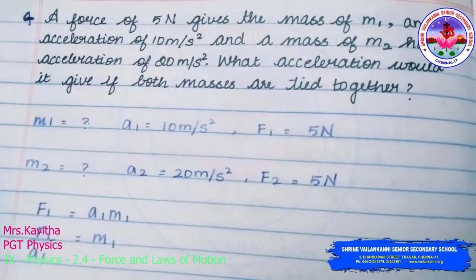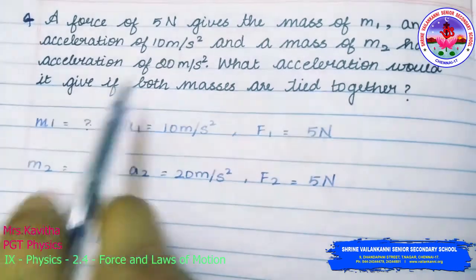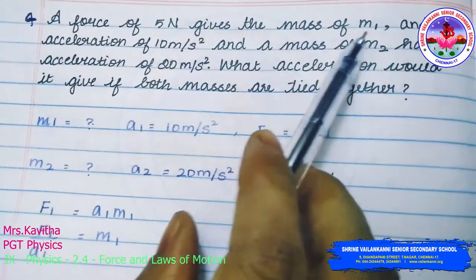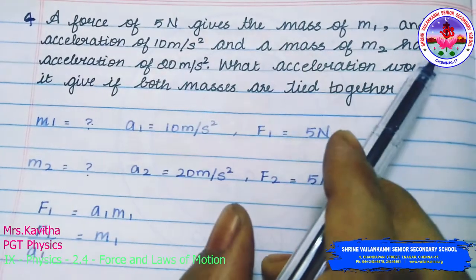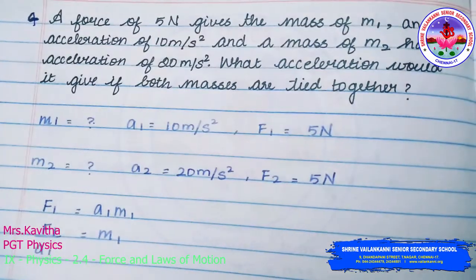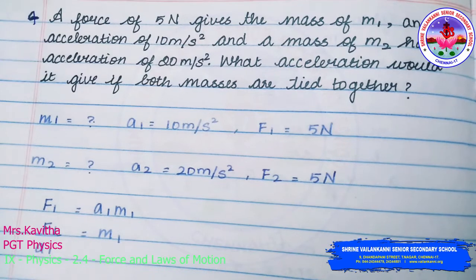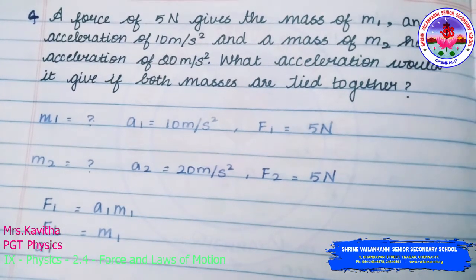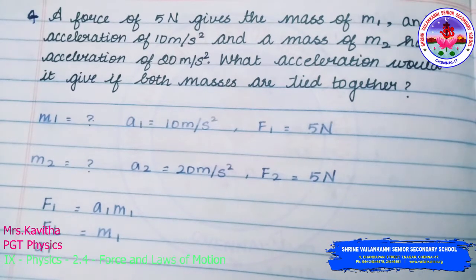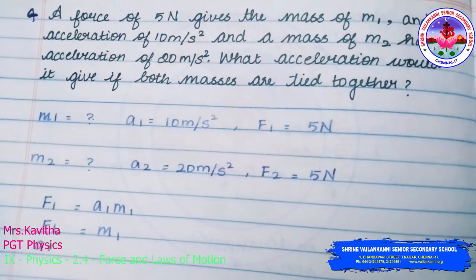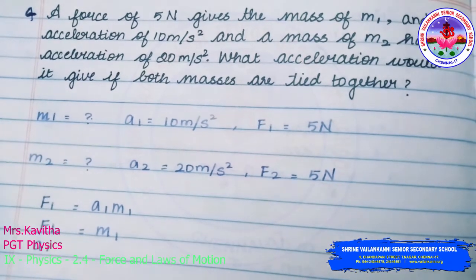Next one, a force of 5 Newton gives the mass of m1 an acceleration of 10 meter per second square, and a mass of m2 an acceleration of 20 meter per second square. So what acceleration would it give if both masses are tied together?